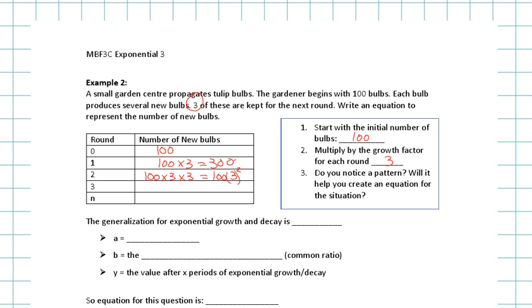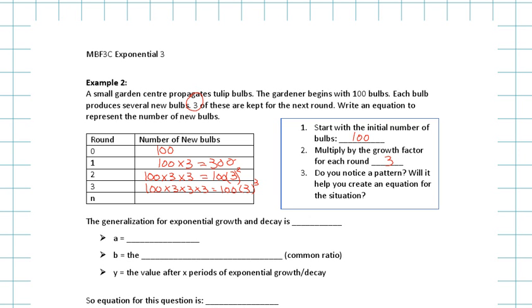Then for round 3, I have 100 times 3 times 3 times 3, which is 100 times 3 to the power of 3 again. That's 2700.